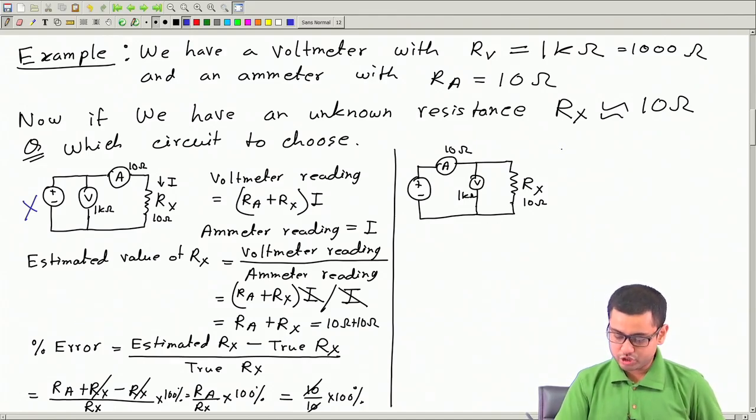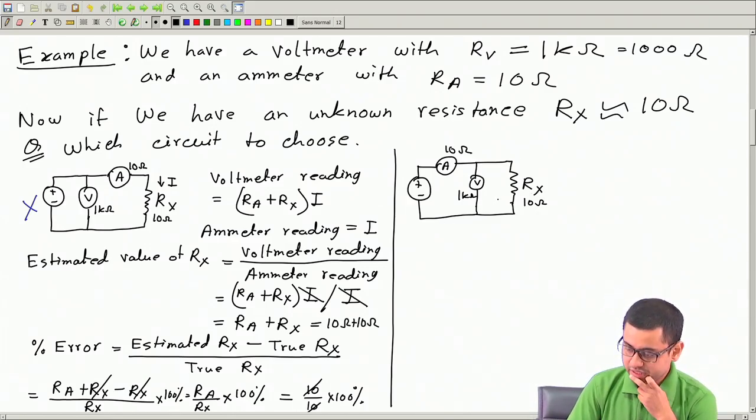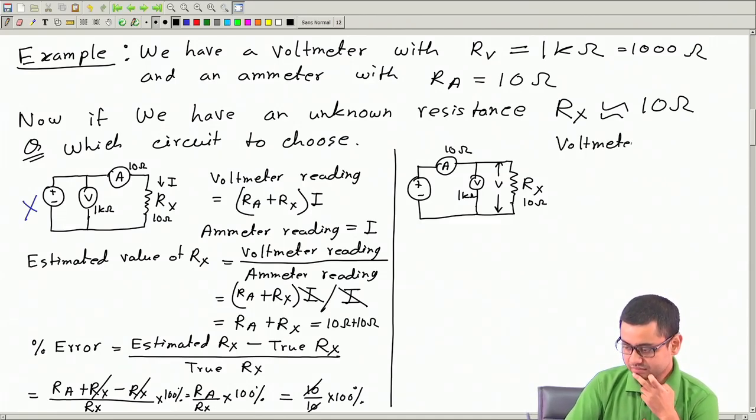Now let's see what will be the error in this circuit. Okay, so for this circuit, it's easier if we start our calculation assuming the voltage across the resistance to be V. Okay, so if this voltage is V, then the voltmeter reading will be how much?